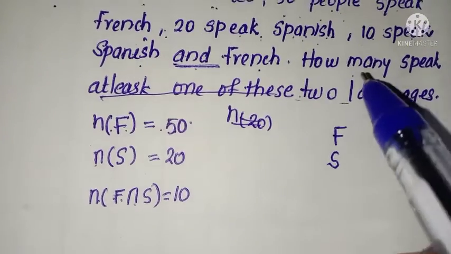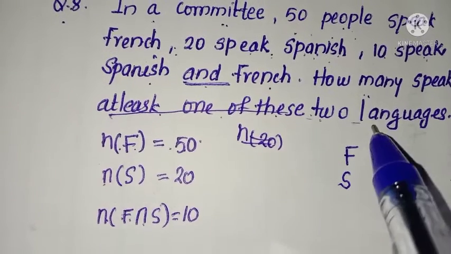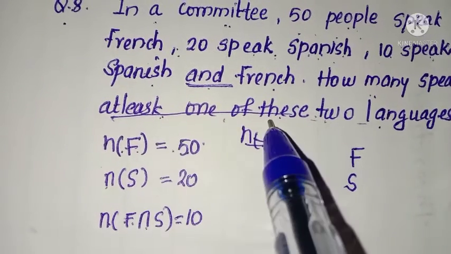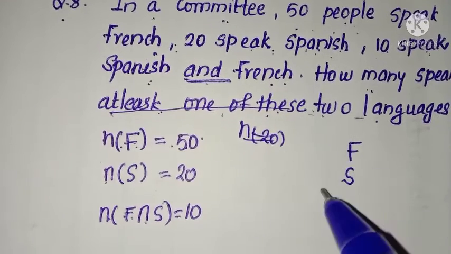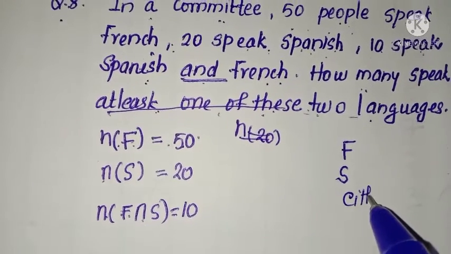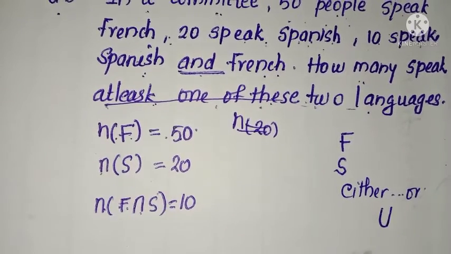Now we want to find how many speak at least one of these two languages. At least one means either Spanish or French. In the case of either or, we use union.